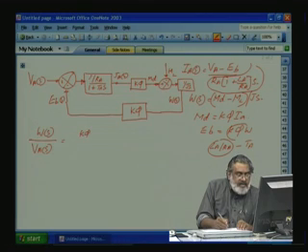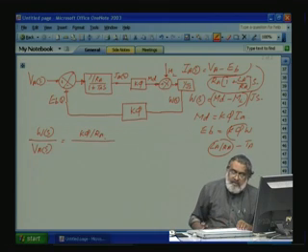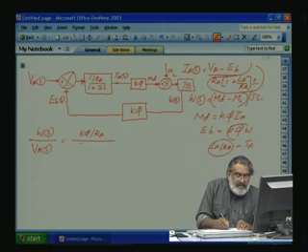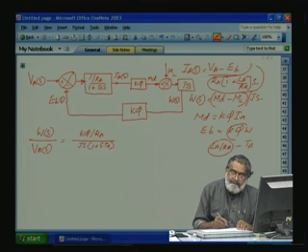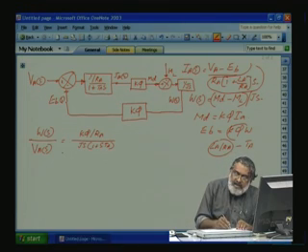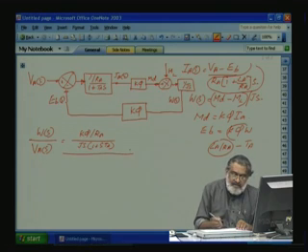K phi divided by RA plus Js into 1 plus STA, okay, divided by 1 plus GSHS, HS is only K phi.